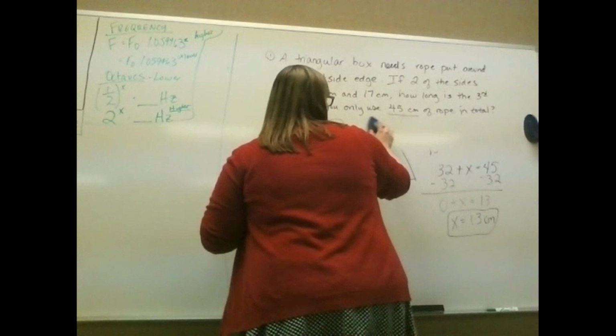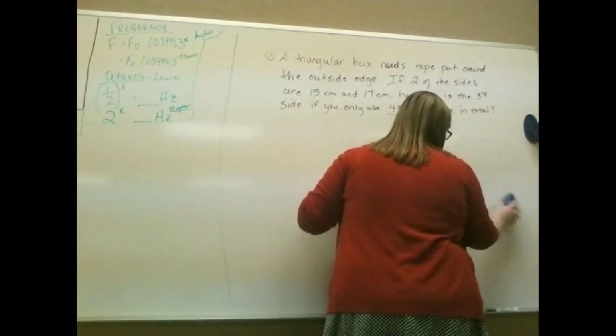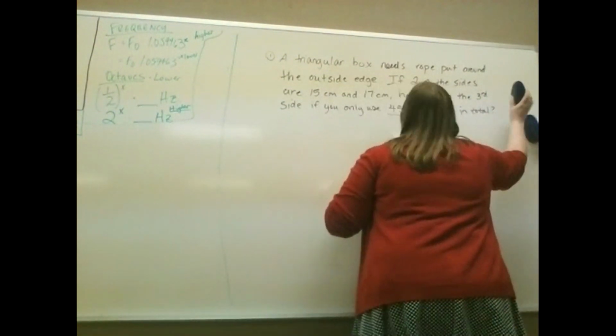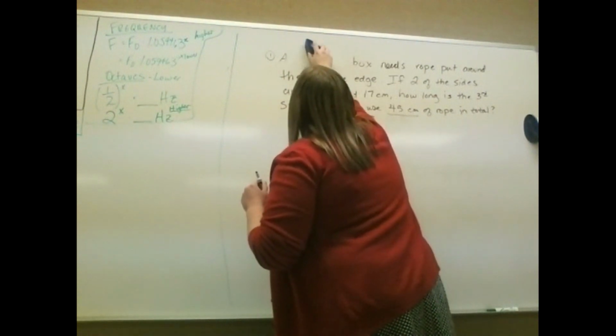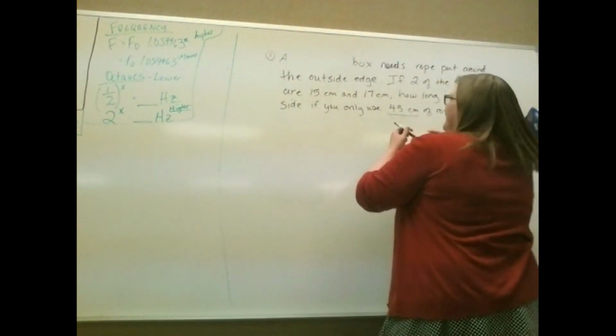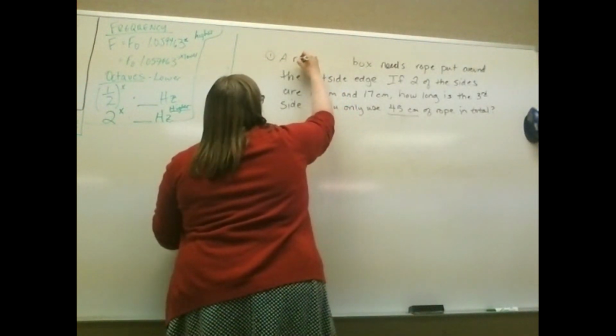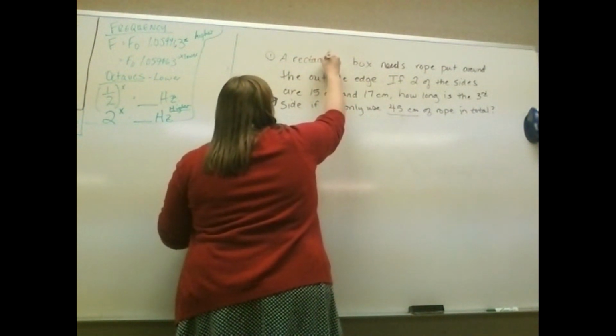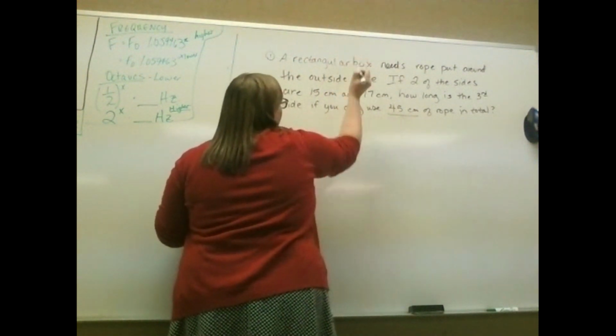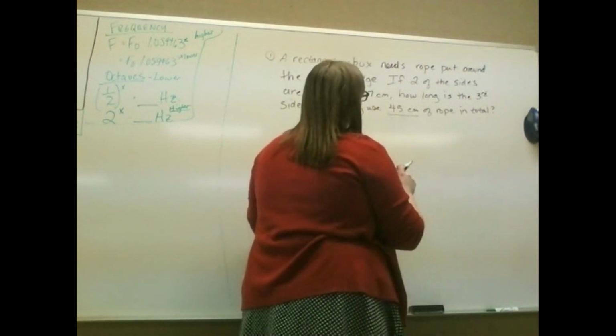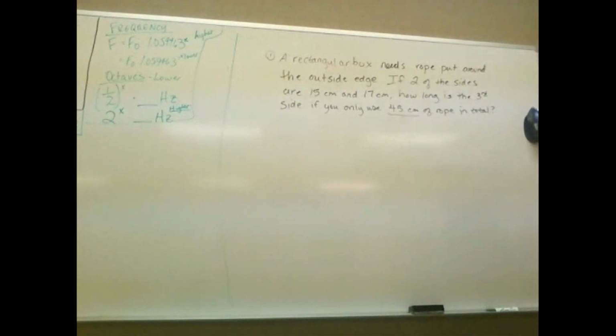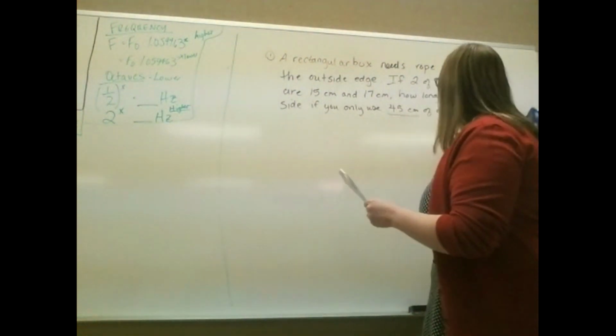Let me erase this here and give you all your word problem. I'm only changing a few words. I did it so it'd be really similar. A rectangular box needs rope put around it.